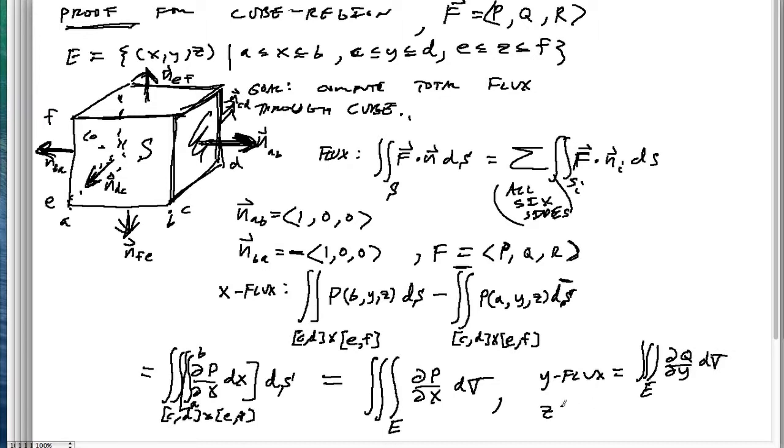And then the z flux would also be the volume integral over E of the partial of R with respect to z dV. You add all those together, and I'll just put out a new sheet of paper here.